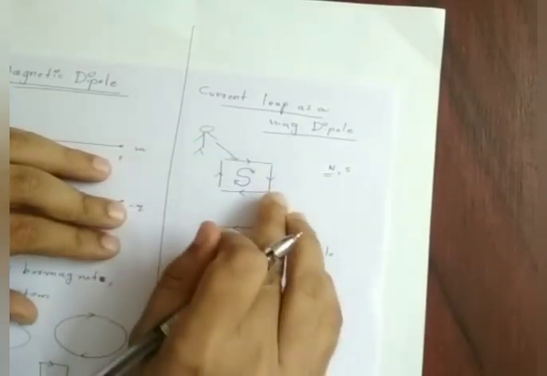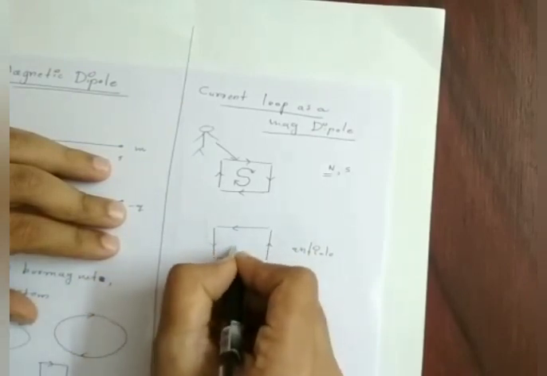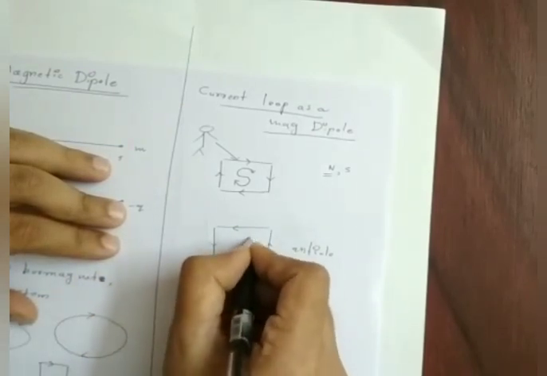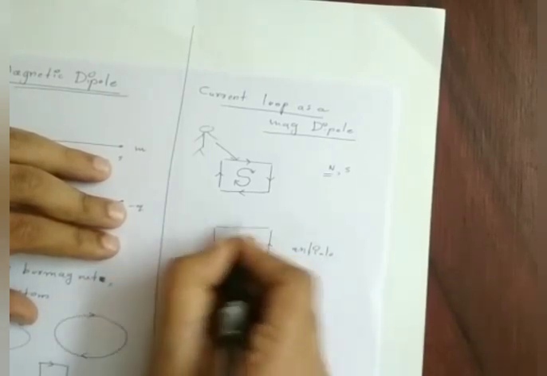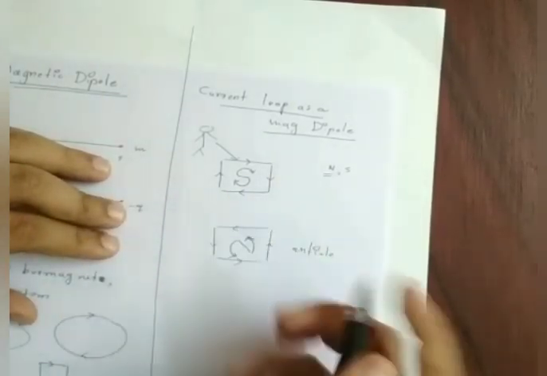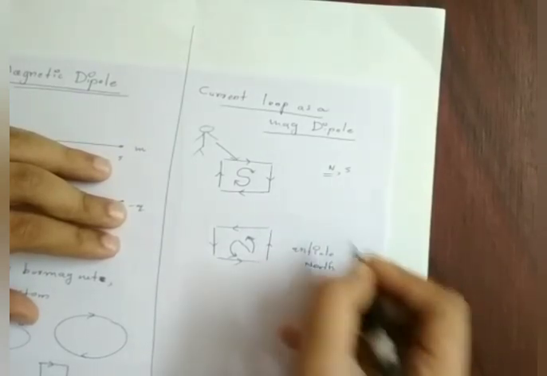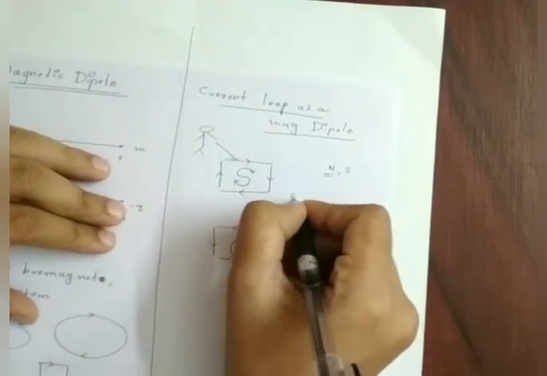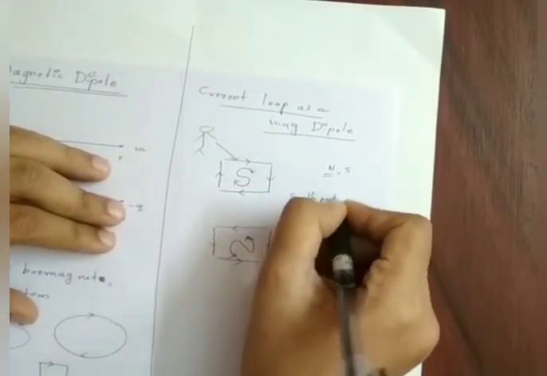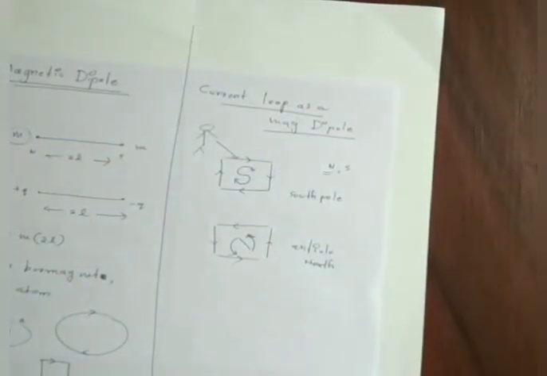So when this side acts as the south pole, the opposite side acts as the north pole. In order to understand that, you can draw N like this: anti-clockwise current means that face acts as north pole, and if the current flows in clockwise direction, that face acts as south pole. So this is the current loop as a magnetic dipole.